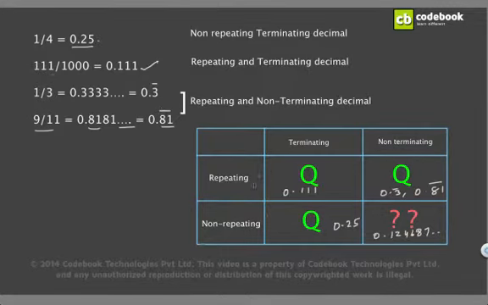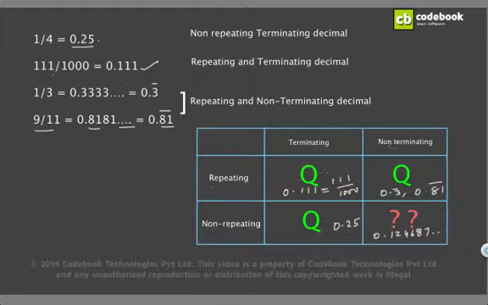Now let's look at this table. Decimals can be classified into 4 different types: repeating terminating, repeating non-terminating, non-repeating terminating, and non-repeating non-terminating. In the repeating terminating example, we have already seen 0.111. This 0.111 can be expressed as 111 by 1000, which is in the form of p by q. So these are rational numbers.